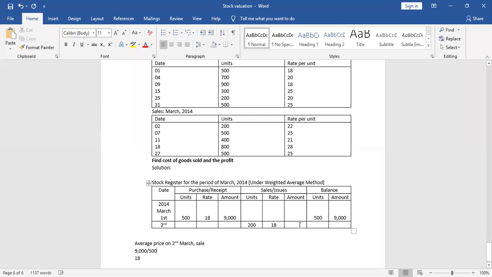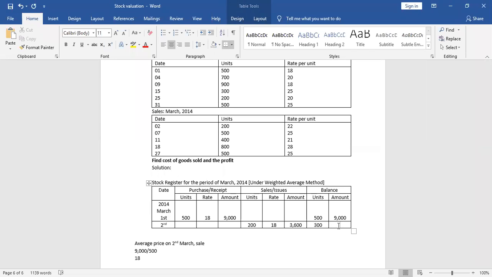So multiply, how much are you getting? 200 into 18, how much are you getting? Are you getting this? 3,600. So how much will be balance? Out of 500, 200 units sold, then how much is balance? 500 minus 200 is gone. So balance is 300.